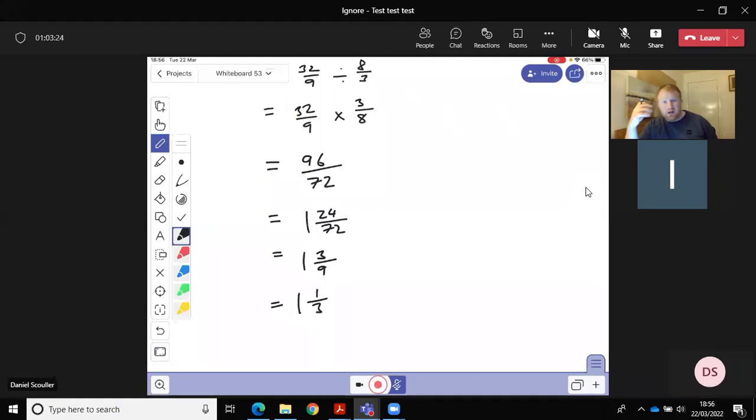If you don't see anything obvious, what I was going to do there was just halve that, so it would be 12 over 36. So half that and half that to simplify it. Always look for either dividing it by 10, dividing it by 5, or halving it. Make it more digestible for you, an easier number to work with.